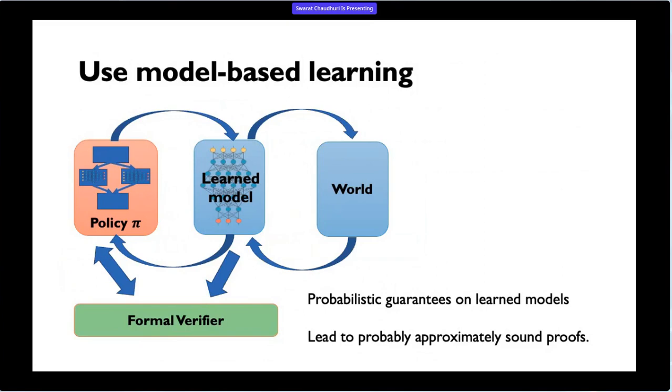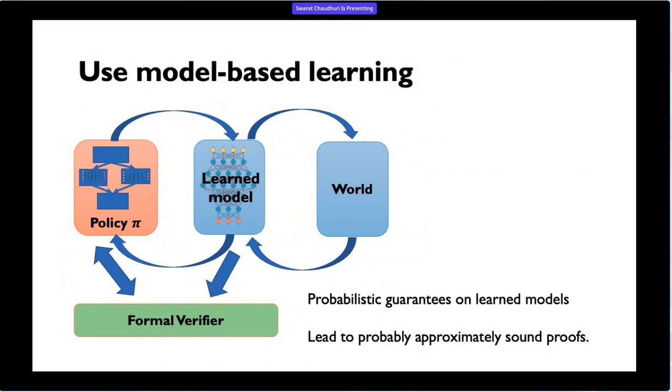But on the other hand, if you could learn a model of the world, then you could essentially simulate that model any number of times. But for us, in the current setting of verified learning, there is this extra advantage that a model of the world provides us, which is that I could now use it to do verification, to do abstract interpretation. And so that's what we've been doing.